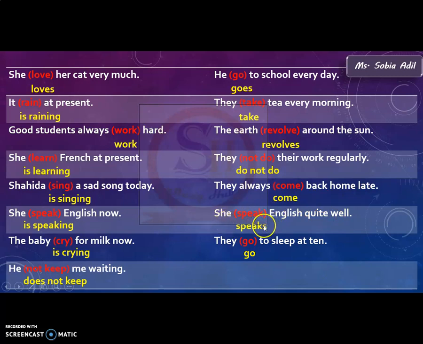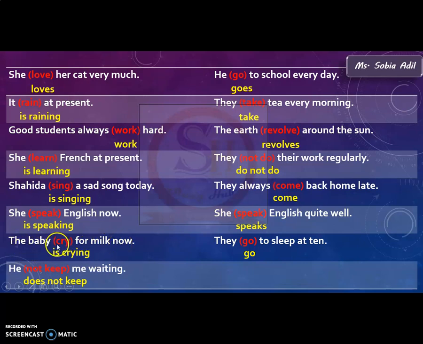So you need to write s with it. This is third person singular. In present indefinite tense, as I told you, we need to write s or es with the third person singular. She speaks English quite well. Next one is: the baby cry for milk now. Again, this statement is telling you about the continuity of something, right?